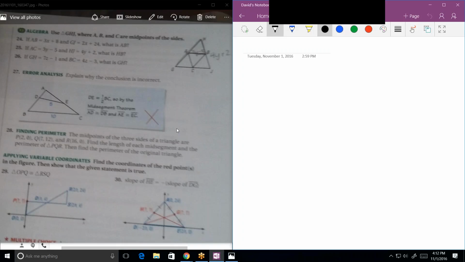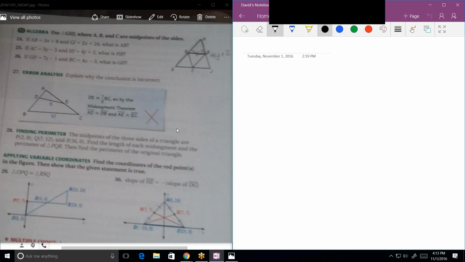What's the relationship between AB and GJ? AB and GJ must be 6x minus 10. No, 6x plus 16. Correct. That's GJ, right?